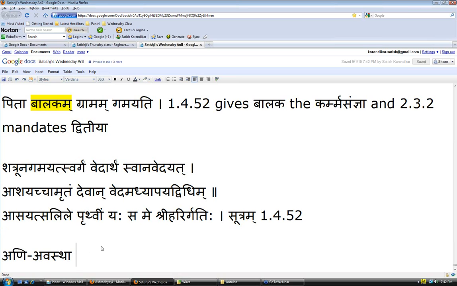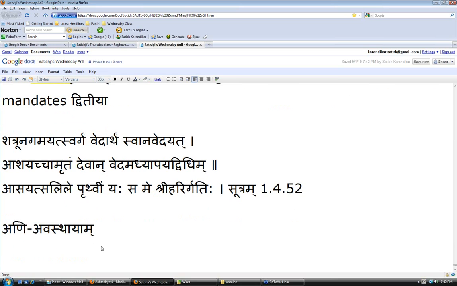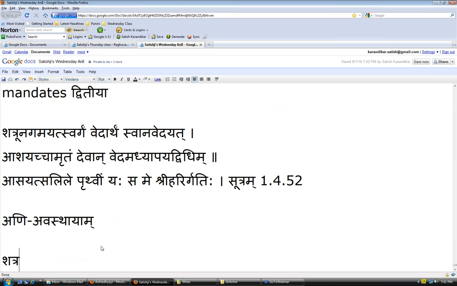The Ani Avastha would have been Shatravaha, Swargam, subject, object, verb: Swargam Agachan. That would have been the Ani Avastha. Instead, now we have Shatrun Shri Harihi Agamayat Swargam.